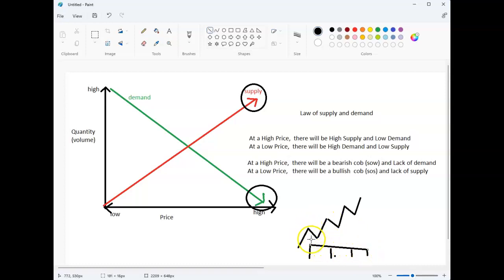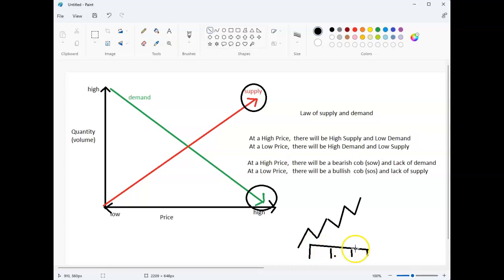Okay, the volume for each one of these waves is going to be declining because you're looking at the demand. What should be happening with demand? It's going to be declining, and this pattern will avail itself. This pattern of declining volume is saying that as price rises, as the market rallies, demand is going to be decreasing, just like the law of supply and demand indicates.